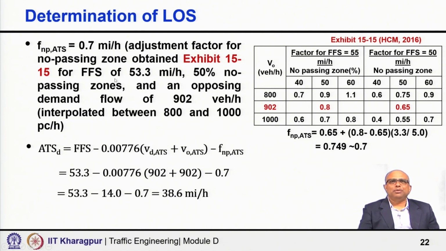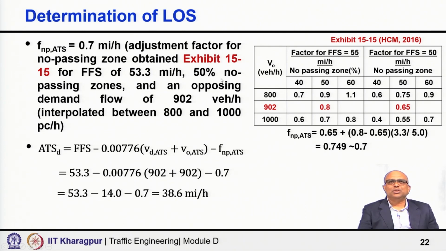We know that FFS is 53 miles per hour and we have 50% no passing zone. There is one column for 55 and one for 50, so you have to take two values for two FFS values and interpolate to get the value for FFS 53.3.